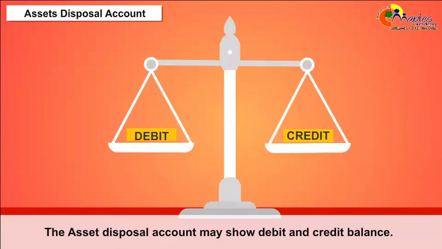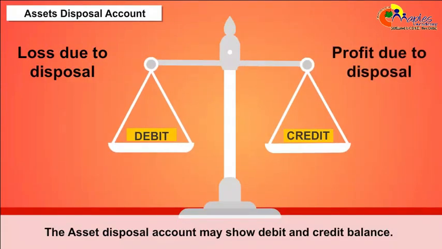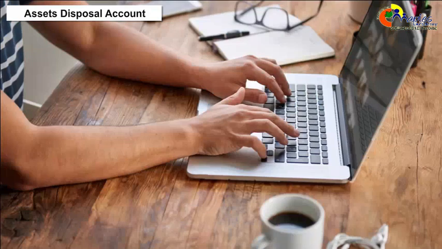The debit balance indicates a loss due to disposal, whereas a credit balance indicates a profit due to disposal. The entries would be done as follows. In case of loss, profit and loss account debit to asset disposal account. In case of profit, assets disposal account debit to profit and loss account.